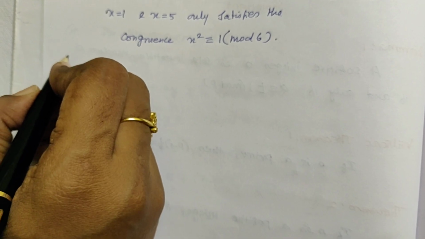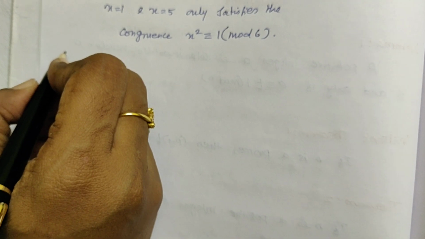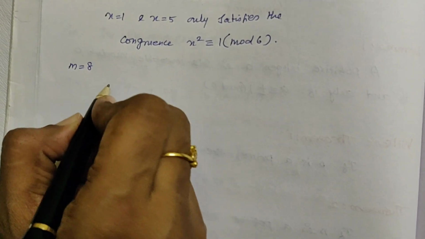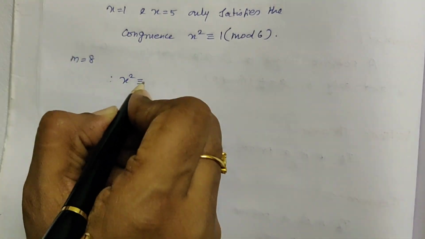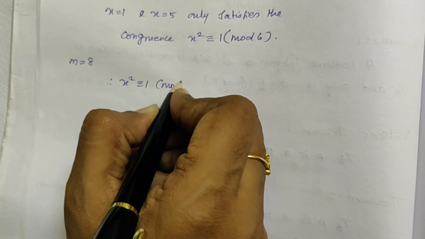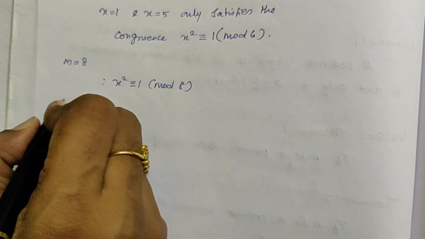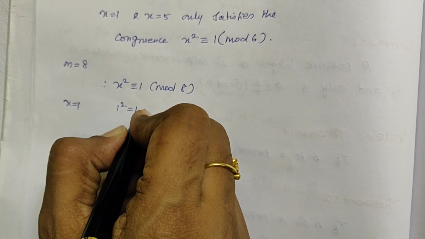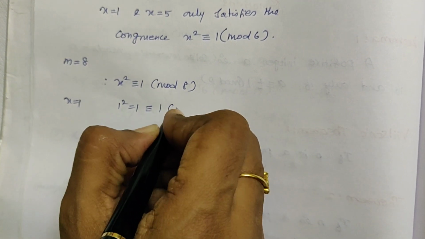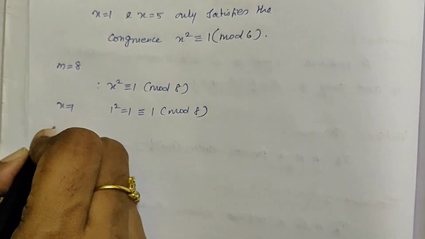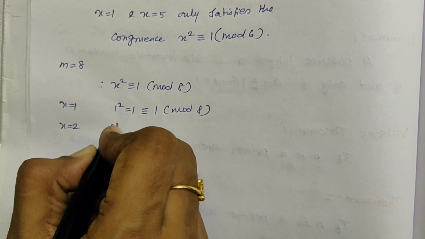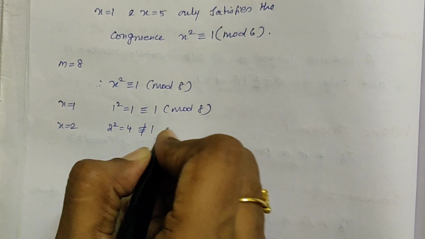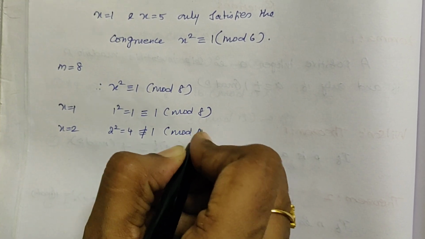Now let us move on to the second section of this problem, that is when m equal to 8. Therefore, x squared is congruent to 1 mod 8. When x equal to 1, 1 squared equal to 1, which is congruent to 1 mod 8. Similarly, x equal to 2, 2 squared equal to 4, which is not congruent to 1 mod 8.